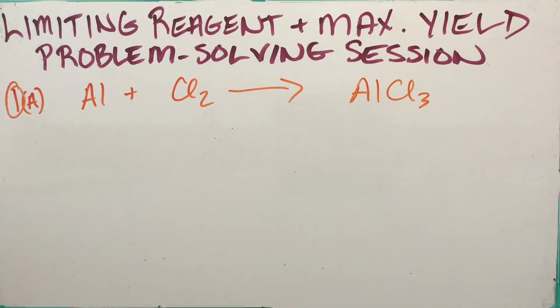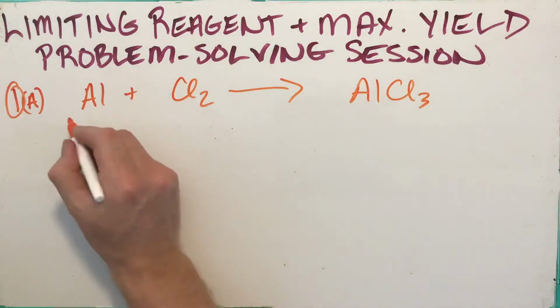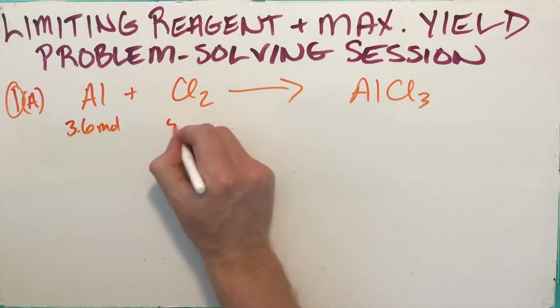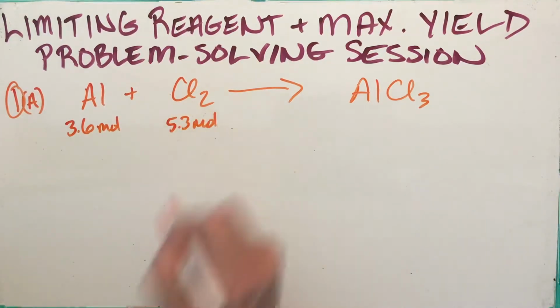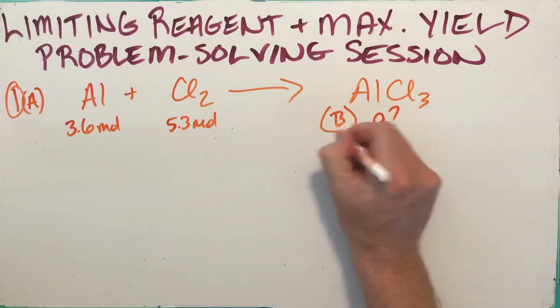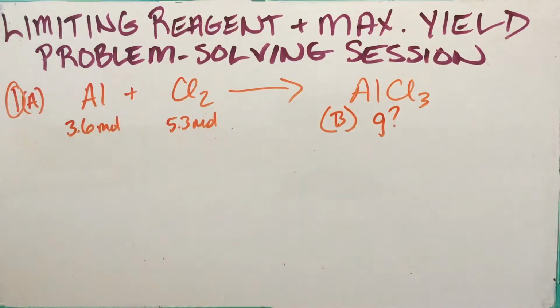And it says that I have 3.6 moles of aluminum, 5.3 moles of the chlorine, and it wants to know, what is my limiting reagent? That was the A part of it. And the B part of it was, what's my maximum yield of the product? So I'll put a little B here, and A was the limiting reagent, which we will figure out.